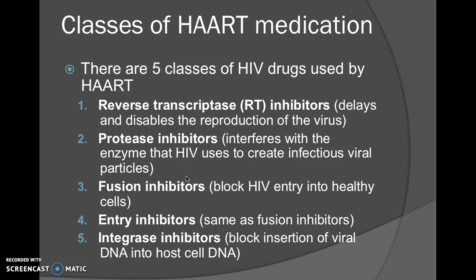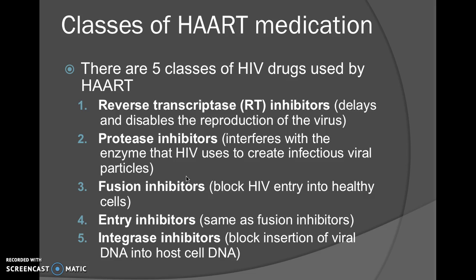There are 5 classes of HIV drugs that are used by HAART. So first you have reverse transcriptase inhibitors, or RT inhibitors, and these delay and disable the production of the HIV virus. Then you have protease inhibitors, and these inhibitors interfere with the enzyme that the HIV uses to create infectious viral particles.